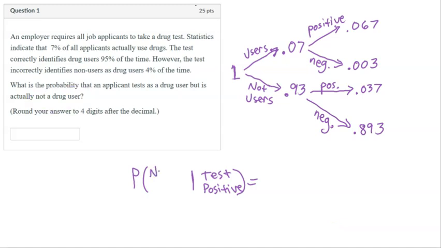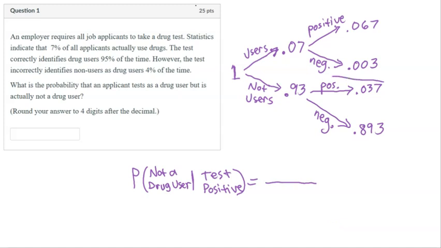So now we're going to say, what's the probability that they are not a drug user, but they tested positive? So out of all the people that tested positive, they are not a drug user. So we're going to put all the people that tested positive, or the proportions of all the people that tested positive, in the denominator.